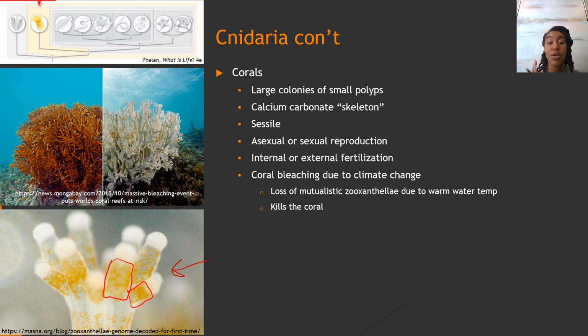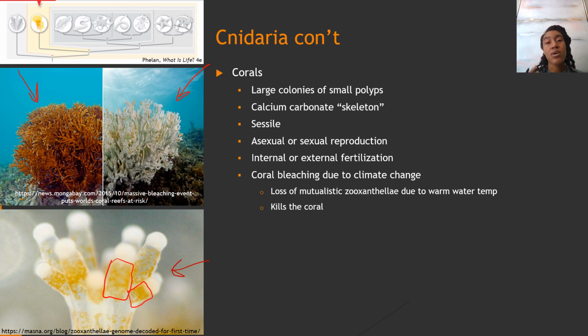So the polyp, in an effort to save itself from these toxic compounds, will basically get rid of its zooxanthellae. As the coral gets rid of all of its zooxanthellae, it'll go from being something like this, which is a nice, vibrant color, to looking like this, and it'll be white.